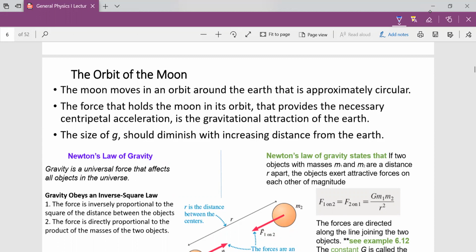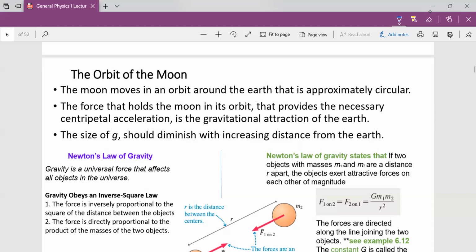I want to quickly look at certain things about the orbit of the moon. The moon, we already know, is revolving around the Earth, orbiting in an approximately circular path, and the force of gravity from the Earth is what is pulling the moon towards it.